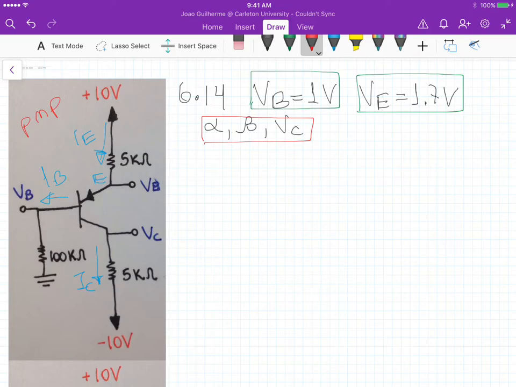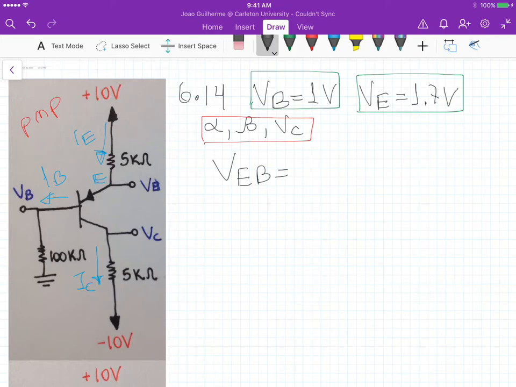Now, we can assume that the BJT is operating in the active mode region. To verify that, because it's a PNP transistor, we must have VEB equal to 0.7.